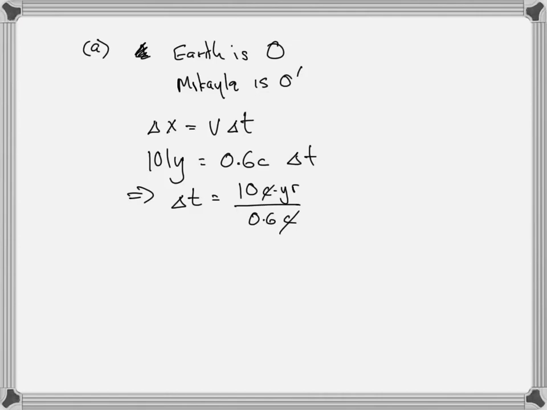You don't even have to do the math to see that delta t is 10 over 0.6 years. That's how long it takes Michaela to get there according to somebody on Earth. That's 16.67 years. So if Michaela's 18 or 20 right now, she'll be about 36 or 37 when she gets there.